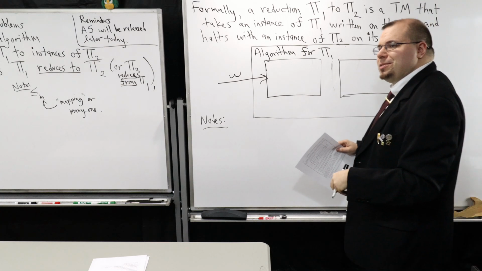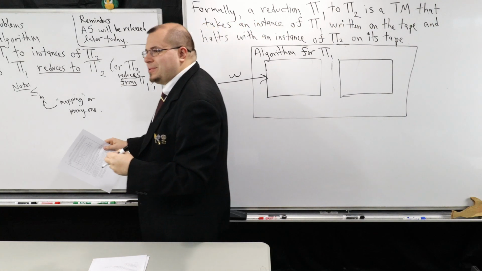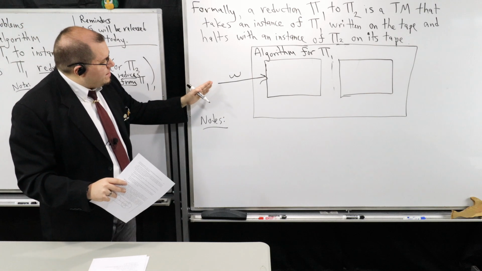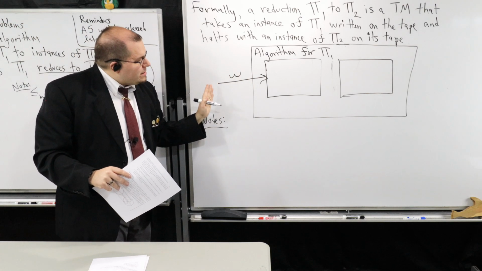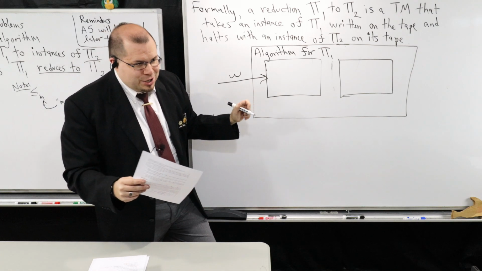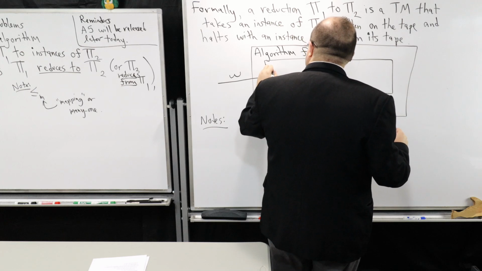Remember, we're going to think about algorithms typically within the context of deciders. So it takes an input W. And what's going to happen is this input W is going to be given to my reduction.